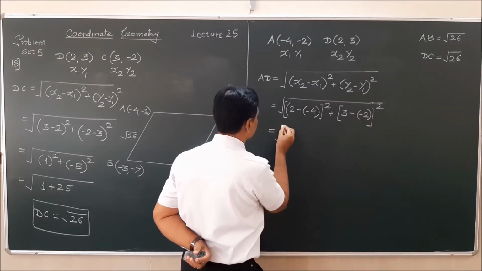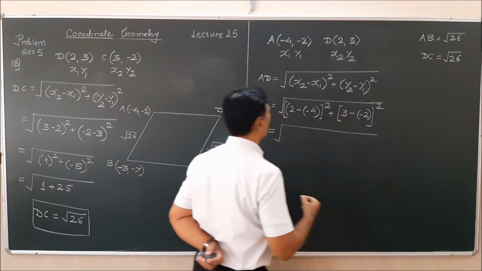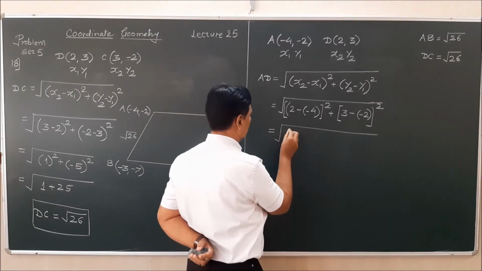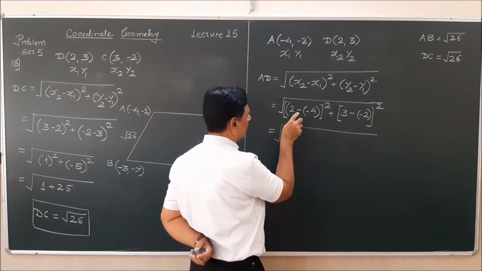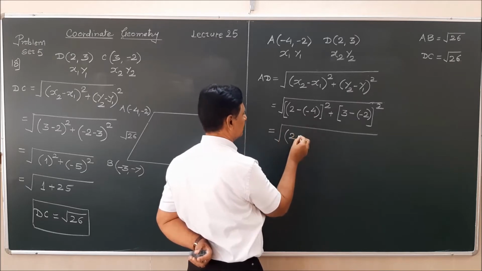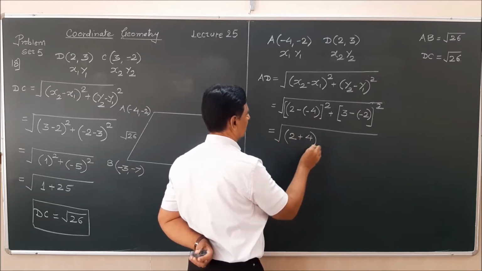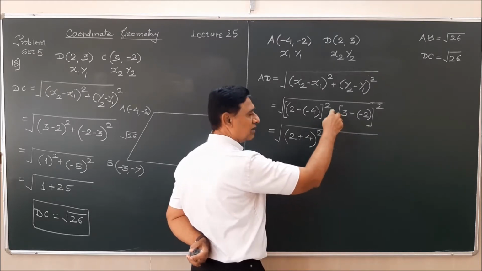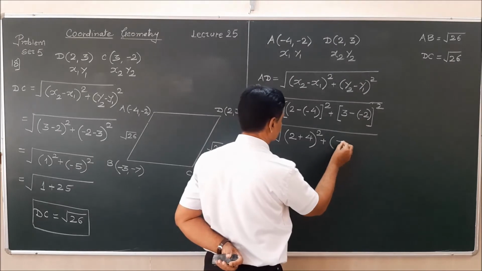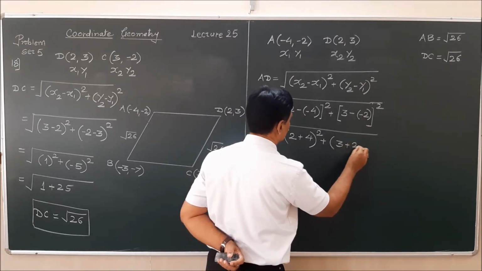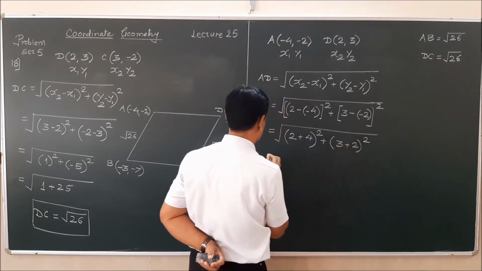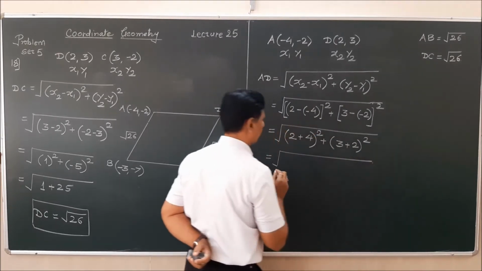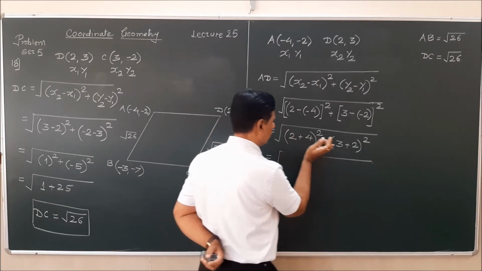Opening the brackets. Root of 2, minus into minus plus, whole square, plus 3, minus into minus plus, so 3 plus 2 the whole square. That gives us root of 4 plus 2.